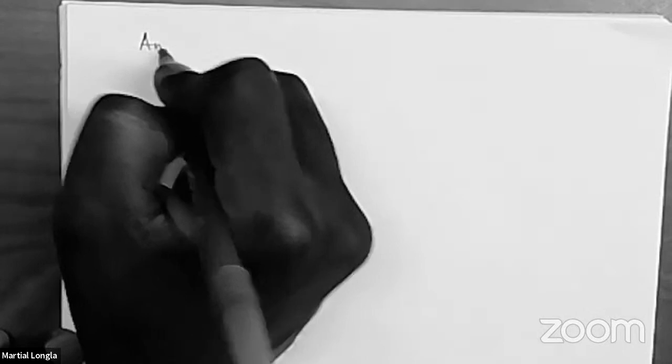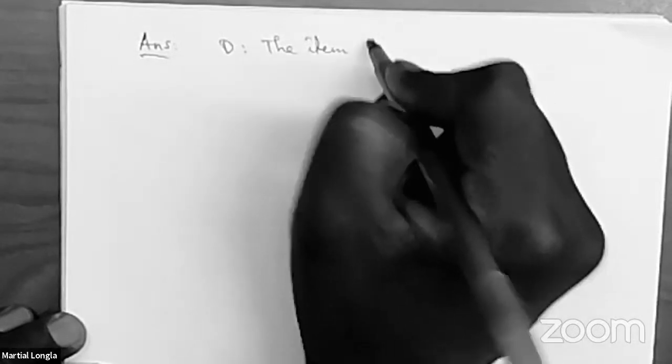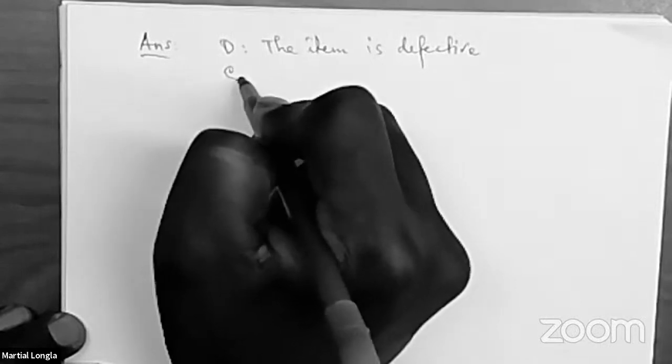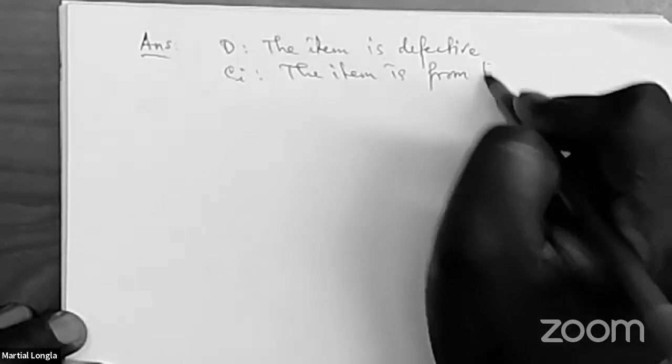All right, so how to answer this question? First, I'll define the event D, which means the item is defective, and Ci, that the item is from the plant Ci.